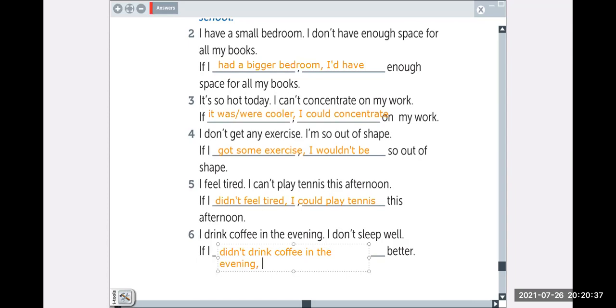I might sleep... would, might, could, cualquiera de ellos. Sleep better. Okay, very good. Any questions about this exercise here? No?